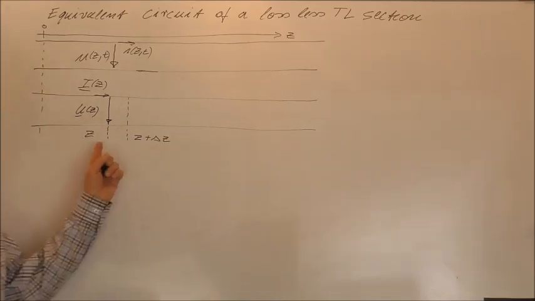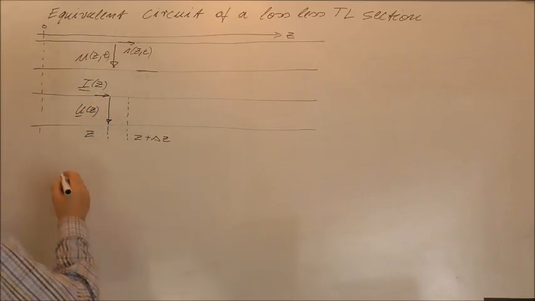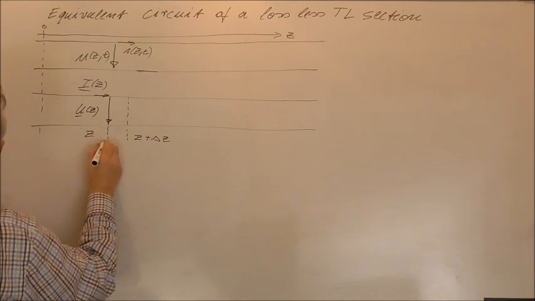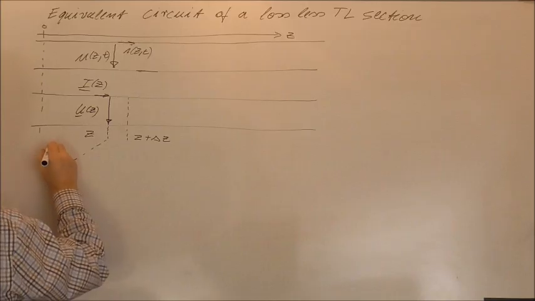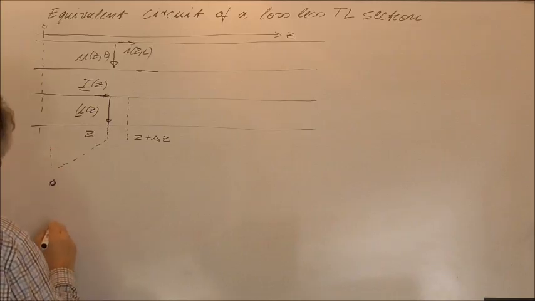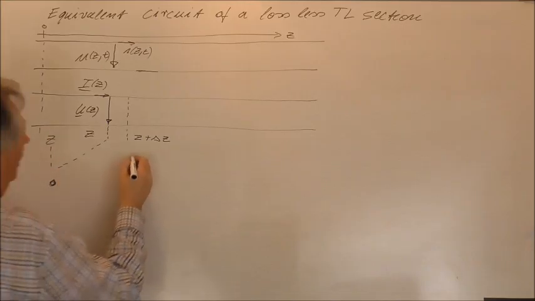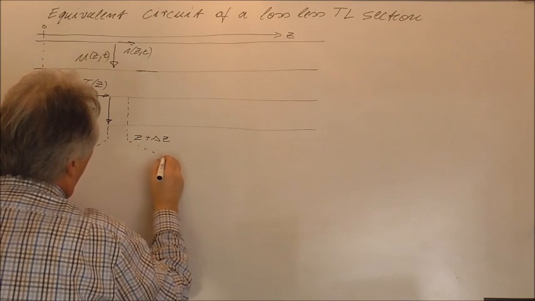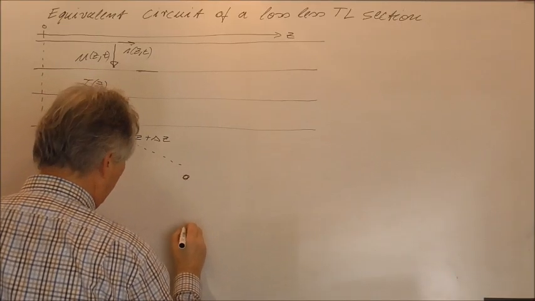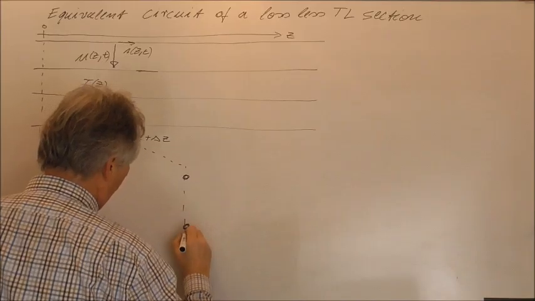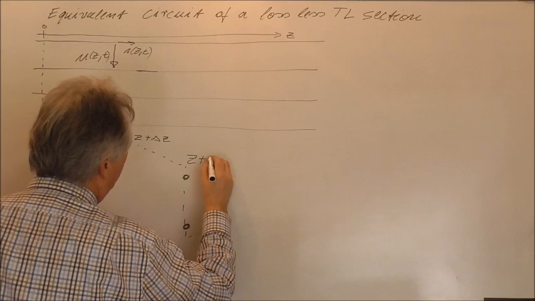And what I want to do now is, in principle, magnify this section of the transmission line and describe this section by an equivalent circuit. So here we have the z coordinate, and here I assume to have the coordinate z plus delta z.